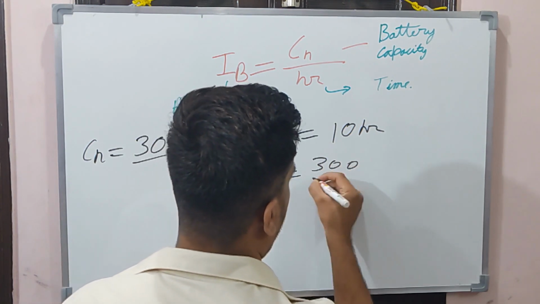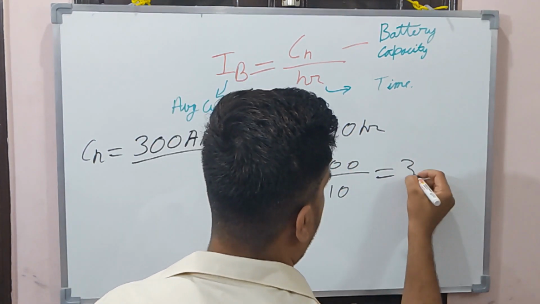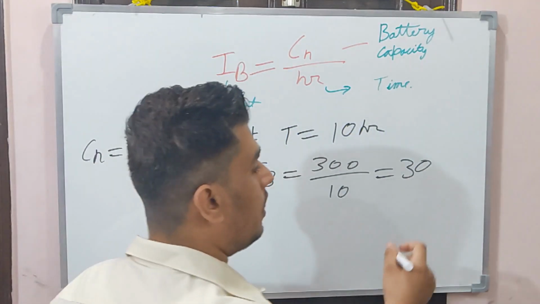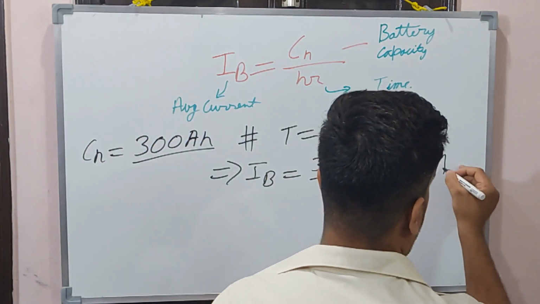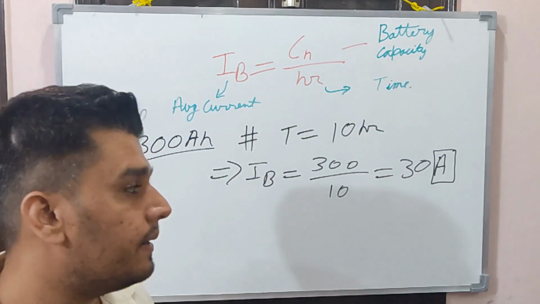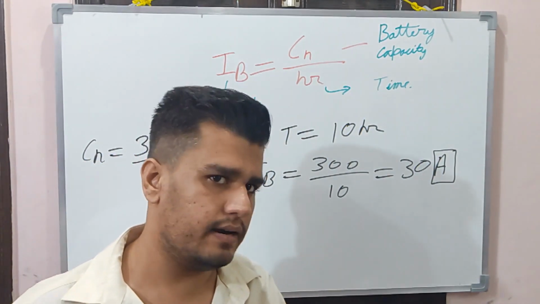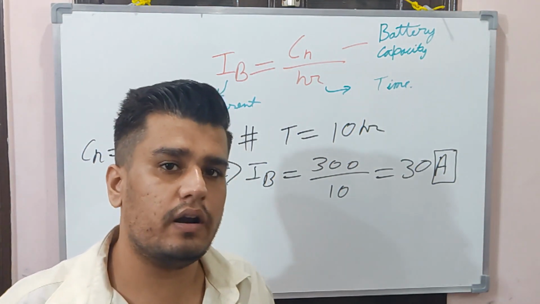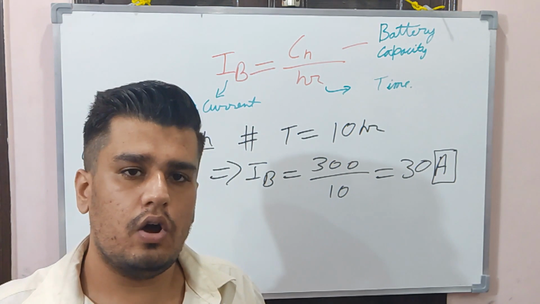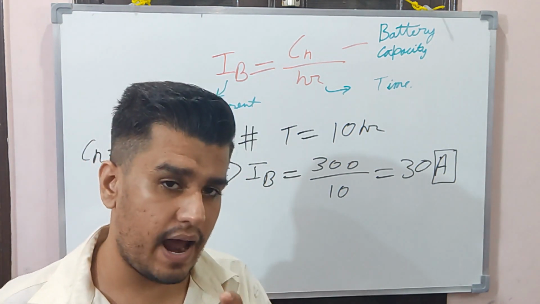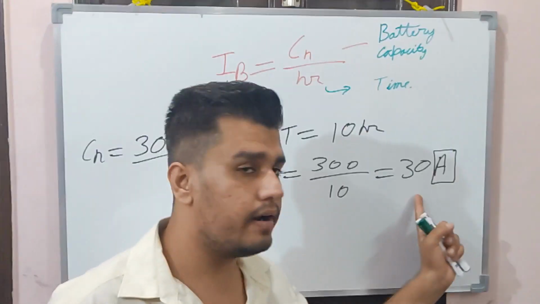IB will be 300 divided by 10, which is 30 ampere. So I can get 30 ampere from the battery at a single time. This means I cannot run any load on the battery which needs more than 30 ampere.